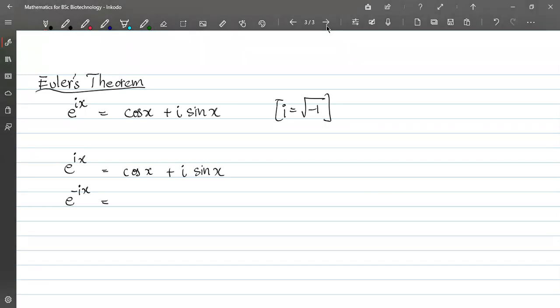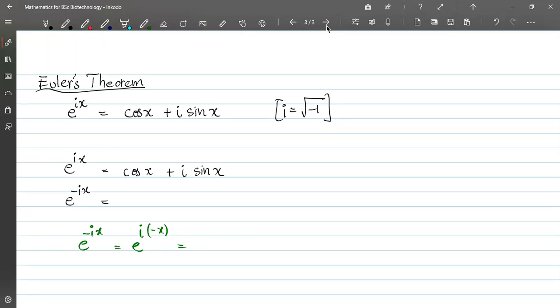Here you have e to the minus ix, which is e to the power of i times minus x, correct? Now this x is variable. It can be anything. So if I put x equal to 0 here, what will I get? E to the power of i times 0, that's e to the power of 0. And over here I'll get cos 0 plus i sin 0.